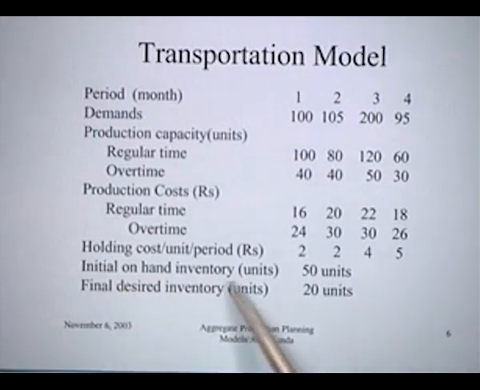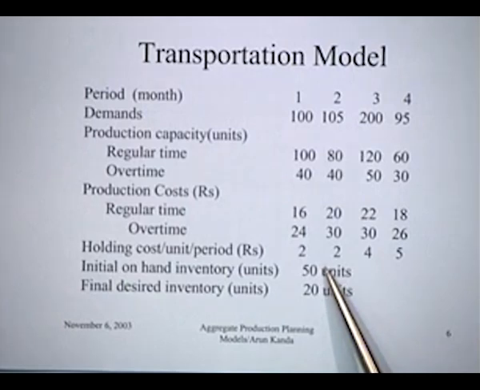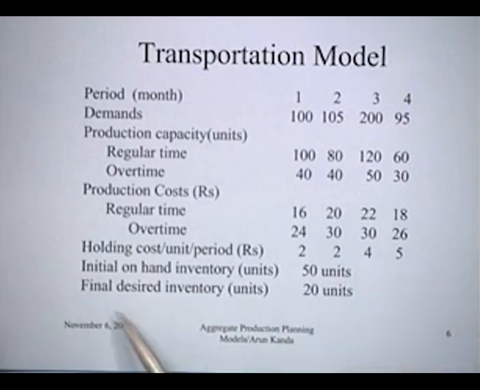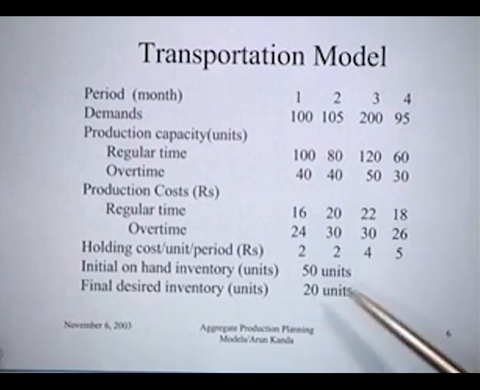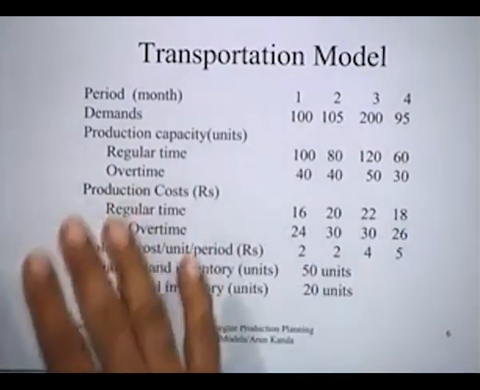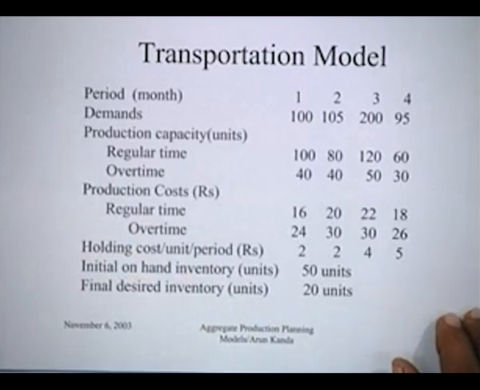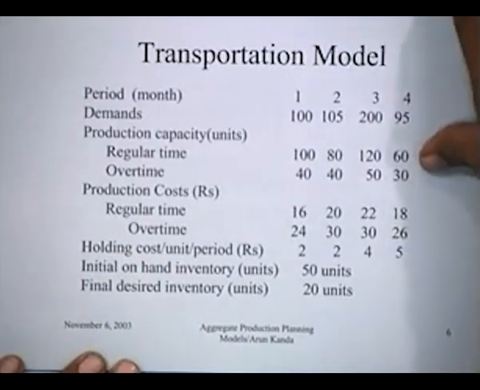The initial on-hand inventory is 50, because this is a legacy of the past, right? In the past planning horizon, you have 50 units left. That's what it means. And the final desired inventory is 20 units. This is what you desire at the end, you want to have this. So this is the nature of the problem data that you would have before you try to solve the problem using a transportation model.